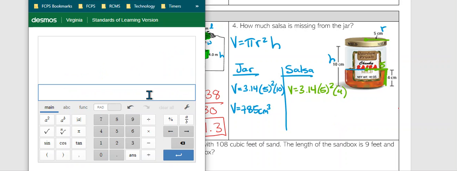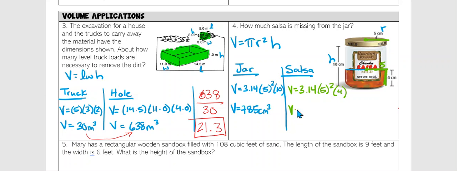All right, so if we calculate this out, we have 3.14, make sure you type the right thing in here, times our radius squared, times 4. And we get 314 centimeters cubed still.